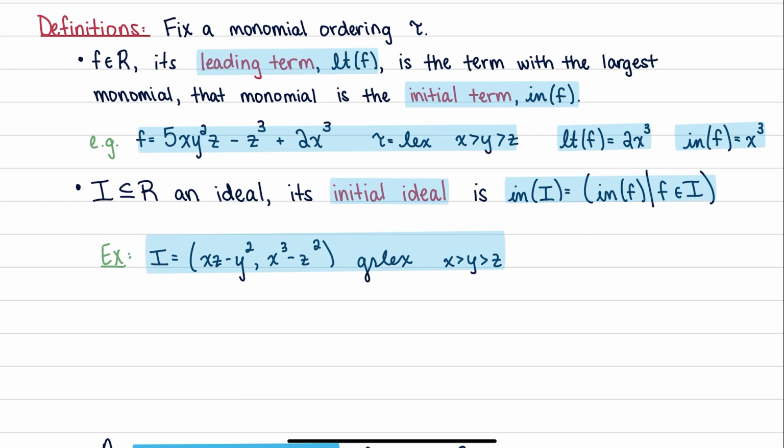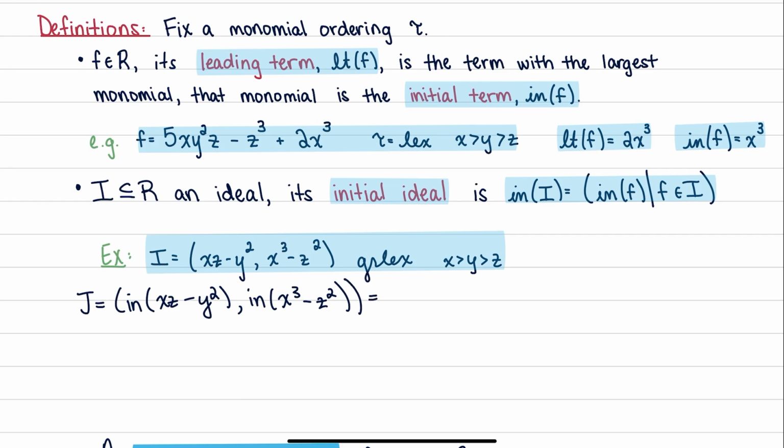So we have this ideal I generated by these two polynomials, and we're going to fix the ordering to be the graded lex order, x greater than y greater than z. So first, let's consider this ideal J that's generated by the initial term of the first generator and the initial term of the second generator. What are those?